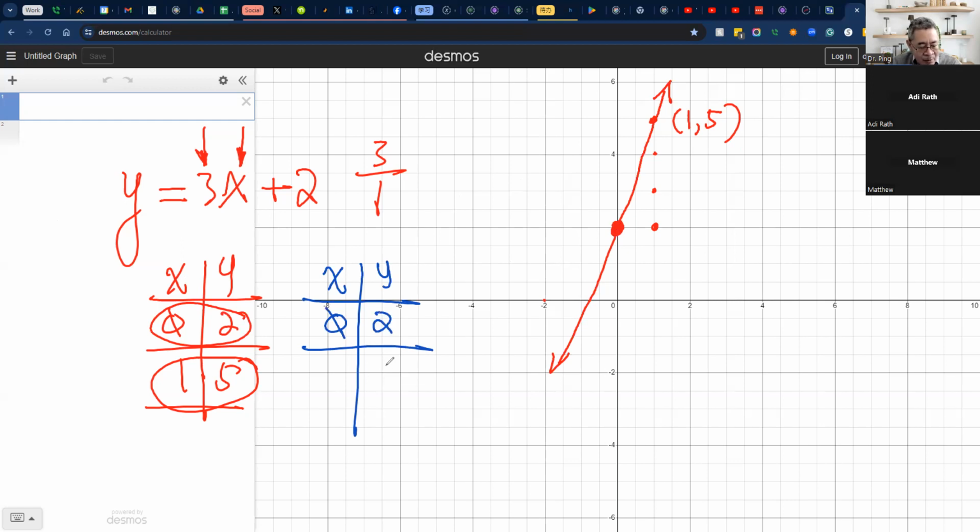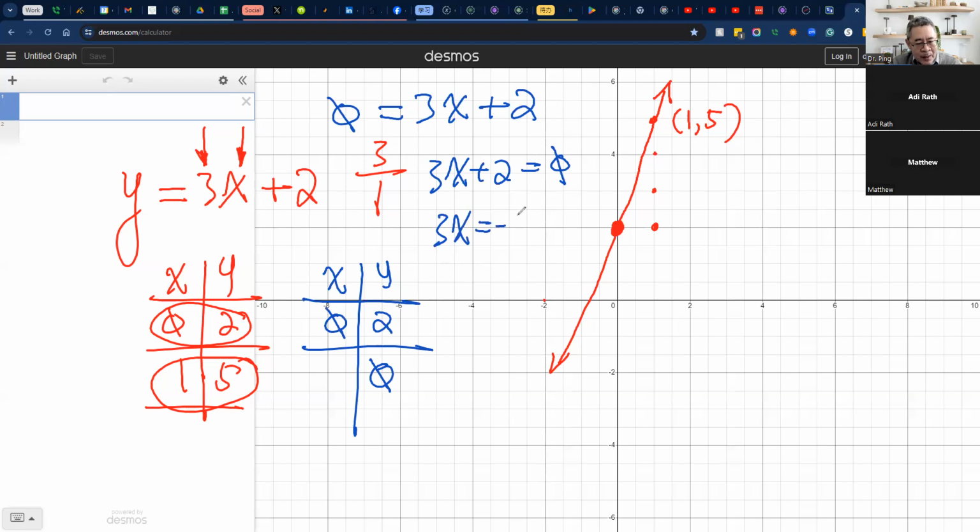And then we set y equal to 0. So then we're trying to figure out what x is. This is just a simple linear equation: 3x + 2 = 0. So therefore, 3x = -2. Then x is -2/3.